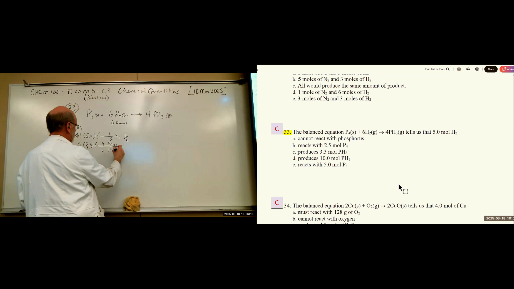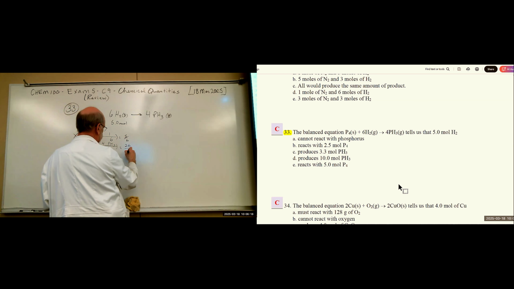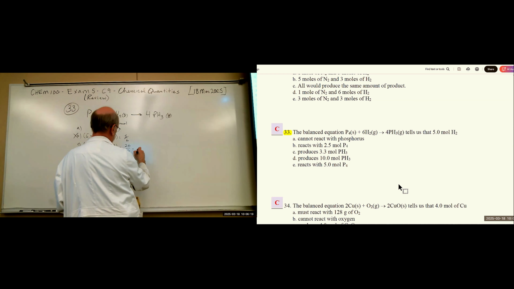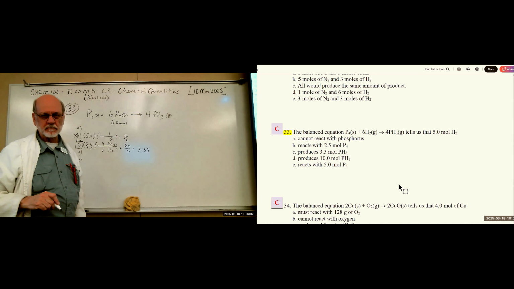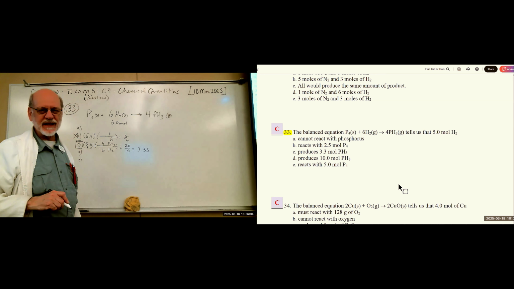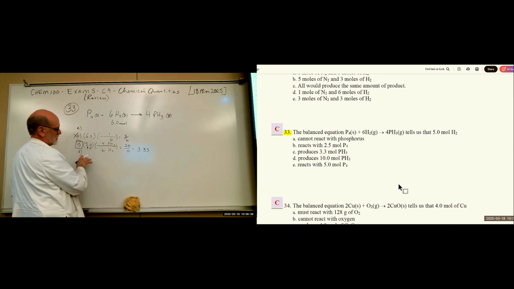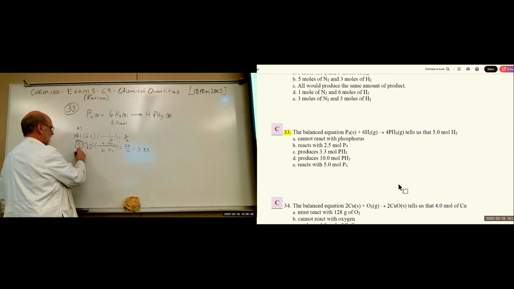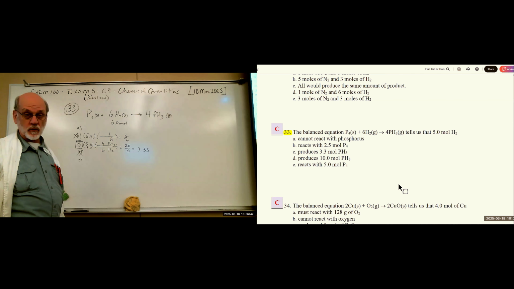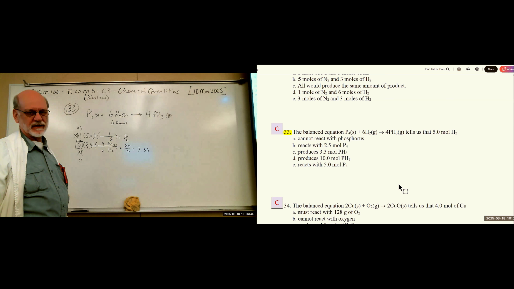So this would be 20 divided by 6, which would be 3.33 moles of PH3. Yeah, that one's good. Okay. D, produces 10 moles of PH3. Well, it can't produce 3 this way and then run it again and produce 10 moles. We've already calculated what it would produce, so it can't produce 10.